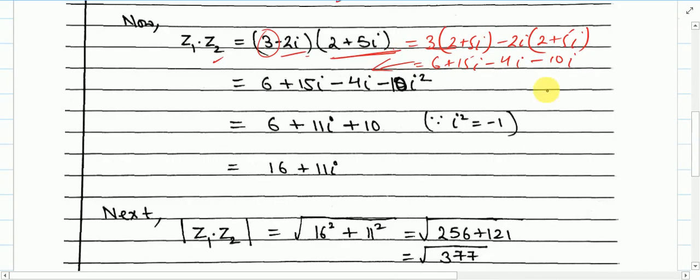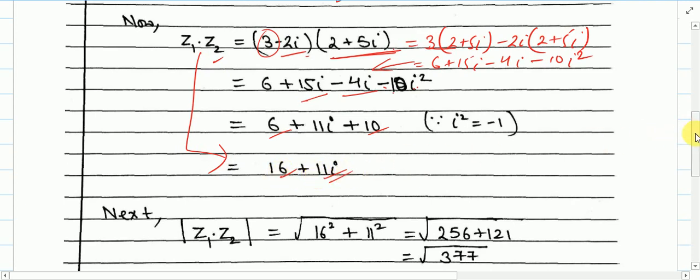Then you know that this i square will be minus 1. So minus 10 into minus 1 will become 10. That 10 and this 6 will become 16. And here 15i and minus 4i will become plus 11i. So you got the product 16 plus 11i.